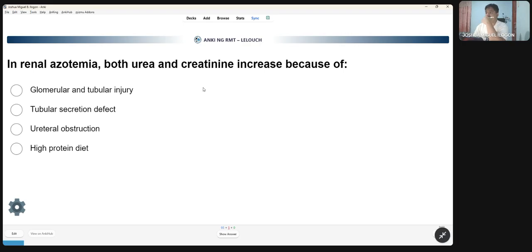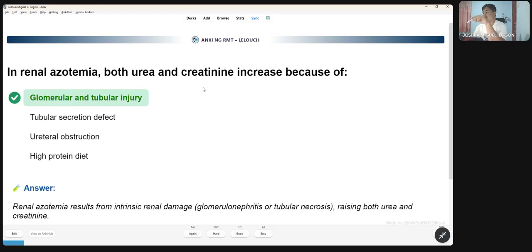Renal azotemia. Would urea and creatinine increase because of glomerular and tubular injury? It's your renal. Pre-renal: dehydration, shock, heart failure, or decreased blood flow to the kidneys.